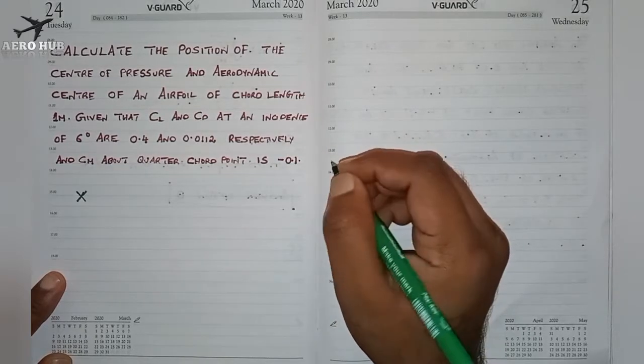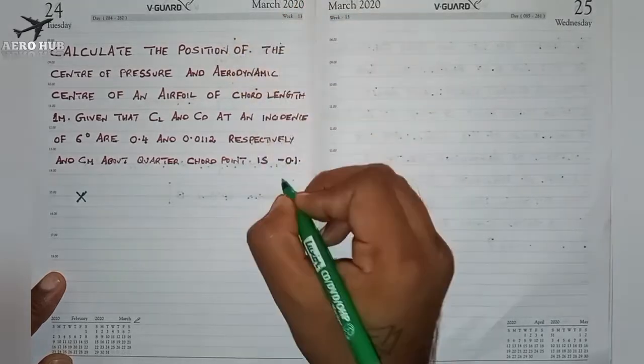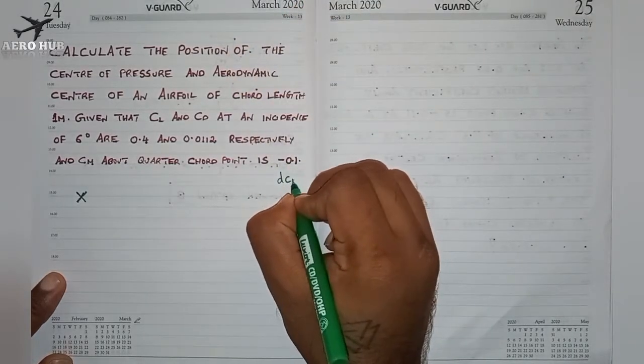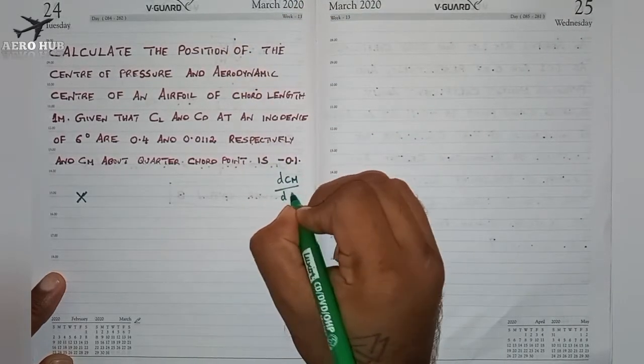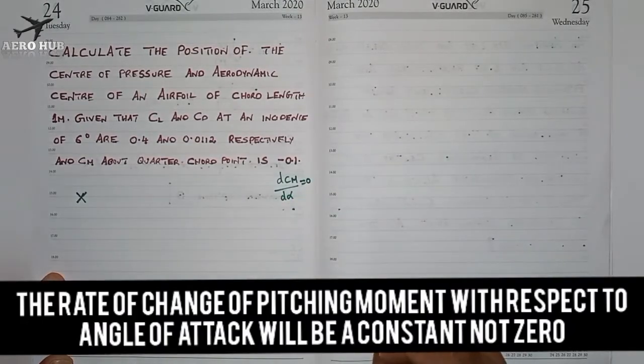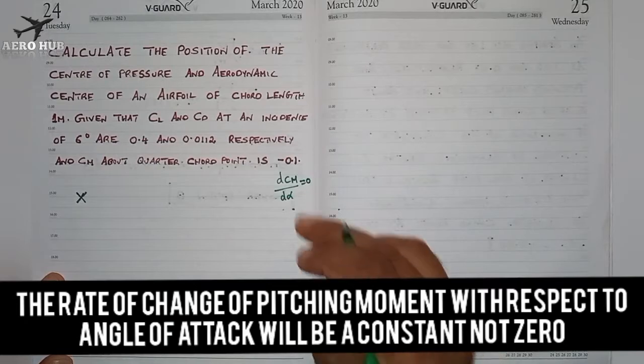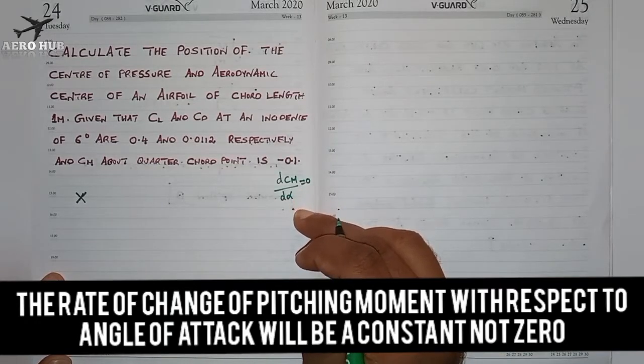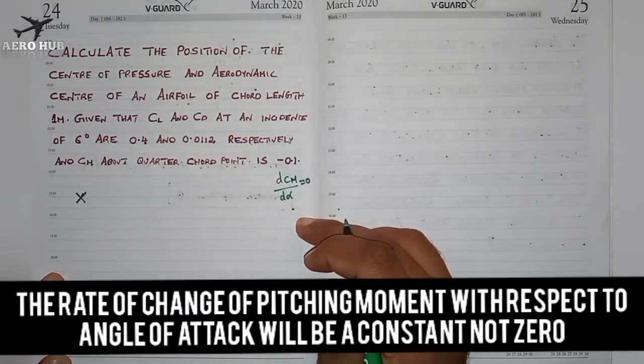That is nothing but dCm by d alpha will be 0 at aerodynamic center. Okay, I repeat, the rate of change of pitching moment with respect to the angle of attack will be always 0 or a constant at aerodynamic center.